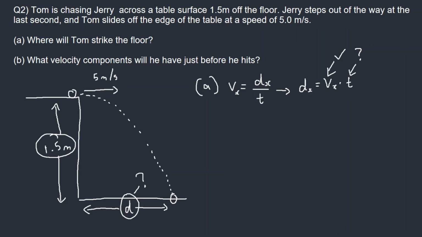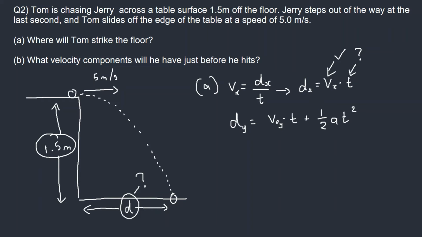And we know that when it comes to the y direction, the equations for distance or height are governed by this equation. So we can say dy, so that there's no confusion, is equal to v naught y times t plus half a t squared.